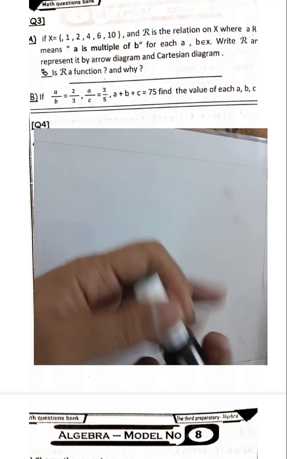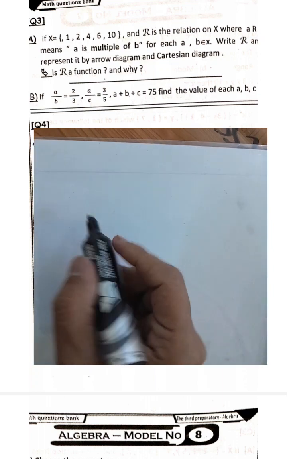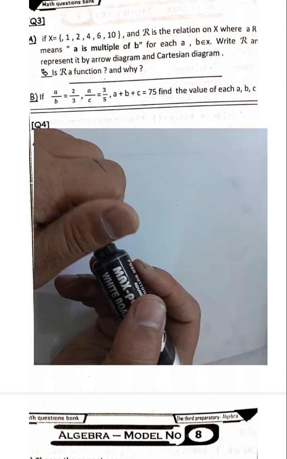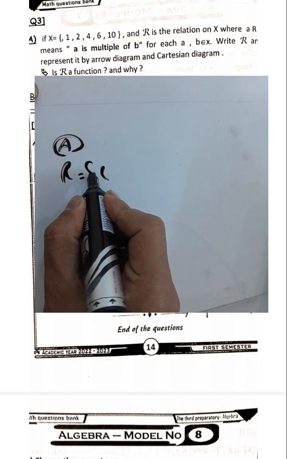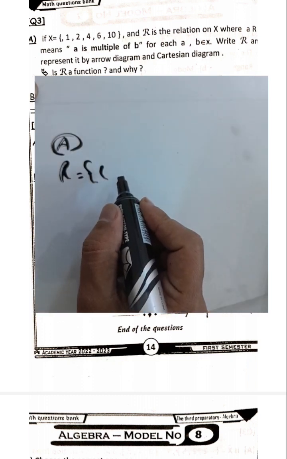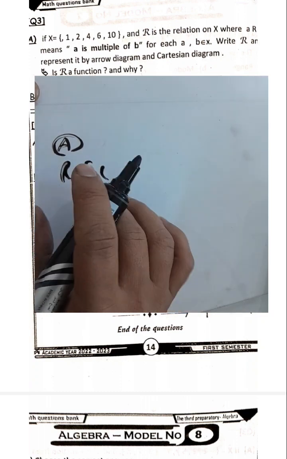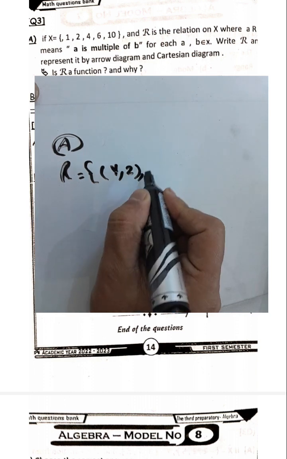now question number 3, letter A. We have X equal 1, 2, 3, 4, 6 and 10, and R is the relation on X where R means A is a multiple of B. Okay, A multiple of B means A can be divided by B. We have X by itself. Okay, 4 is a multiple of 2 and 2 is a multiple of 1.